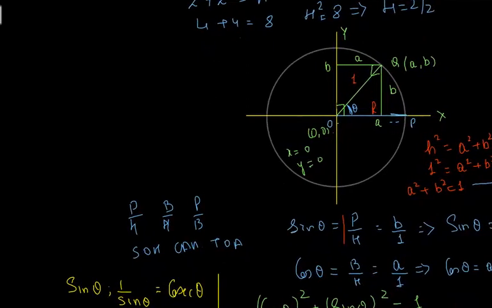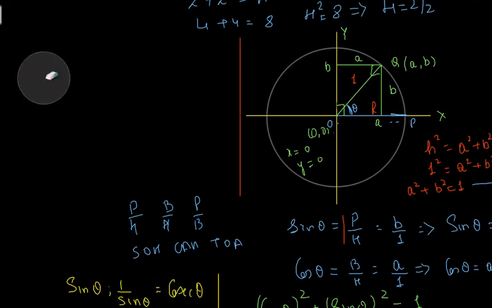Let us do it here itself. So we'll substitute the values in our equation. A square plus B square is equal to 4.